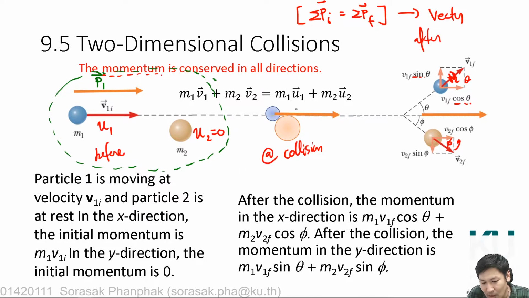When they collide, the net final momentum should be equal to the initial momentum. Even though after the collision you see this ball moving one way and this one another way, when you sum up all the momenta, the net momentum should equal the initial momentum. This is what we call the conservation of linear momentum.